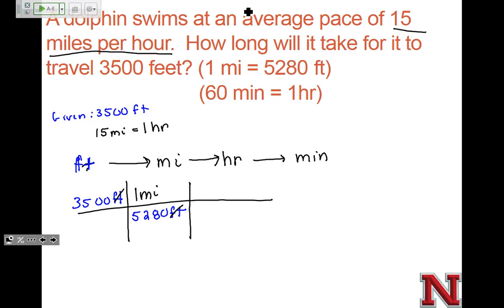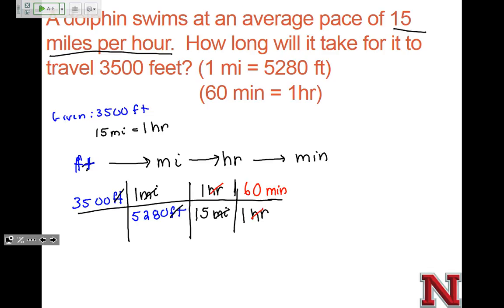This relationship would be different if I was talking about a cheetah swimming. So that's a specific relationship. And my 15 miles goes at the bottom because miles cancel out. And my 1 hour goes at the top. And then lastly, to convert it to minutes, my hour is going to be at the bottom, with my 60 minutes. That cancels out, and I'm left with minutes.